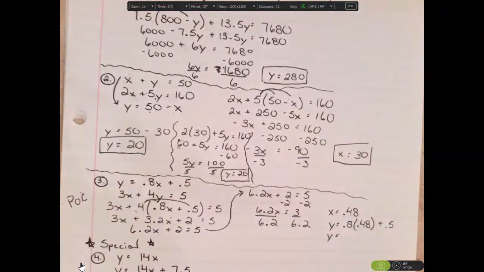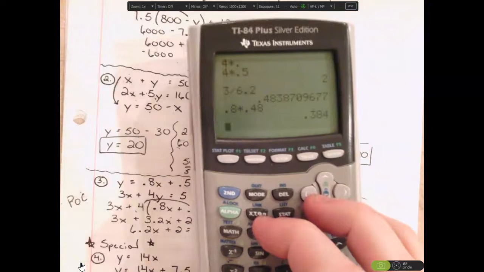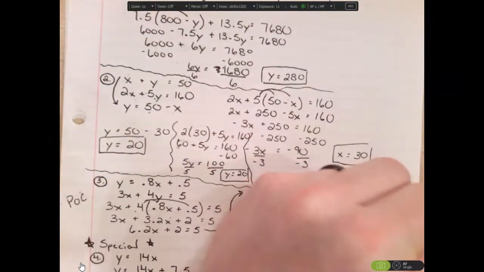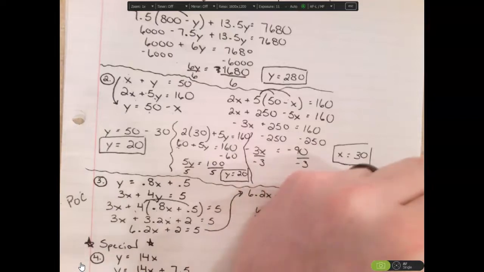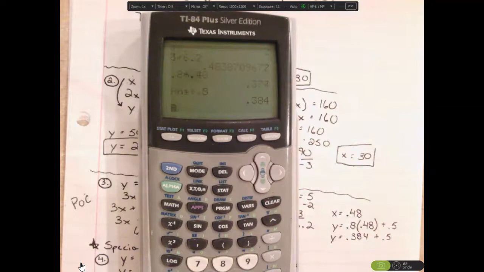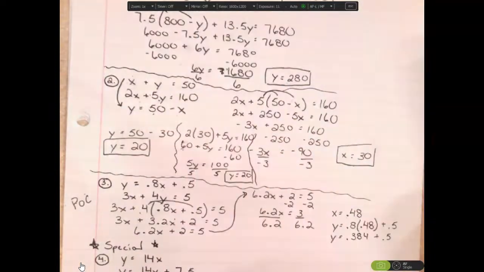I go through and I simplify. Y is equal to 0.8 times 0.48. When you multiply, you get 0.384 plus 0.5. I go through and I add. I get 0.884.